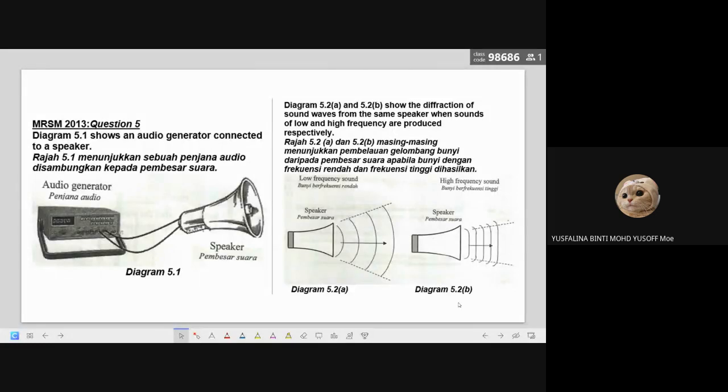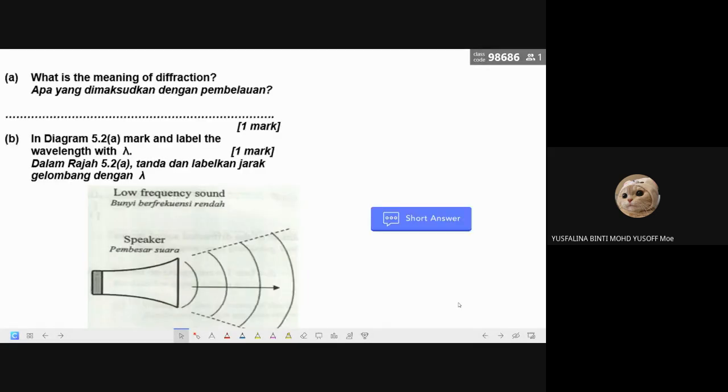Okay, so this one you have to compare. What does it mean by diffraction?